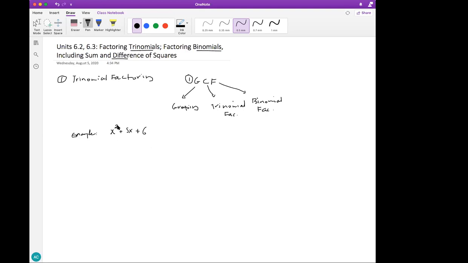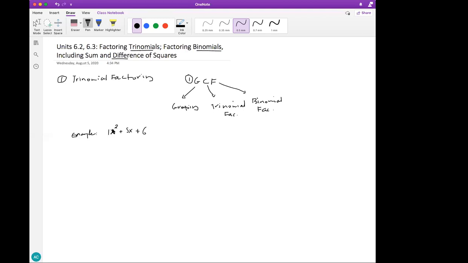What is the coefficient of the first term? Not the power, the coefficient. 1. 1, that's right. There's always a number in front of the variable. If you don't see a number, that means it's a 1. What's the coefficient here? 5. 5, that's right, positive 5.